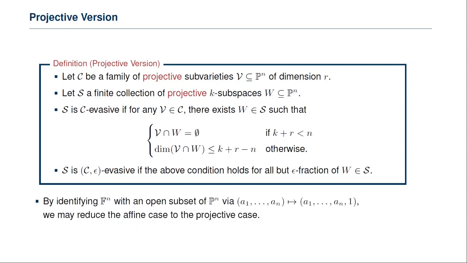And actually, in our paper, we mainly focus on the projective version, and the affine case can be easily reduced to the projective case by identifying the affine space F to the n with an open subset of P to the n, the projective n-space, and noting that restricting to the open subset preserves the evasiveness.